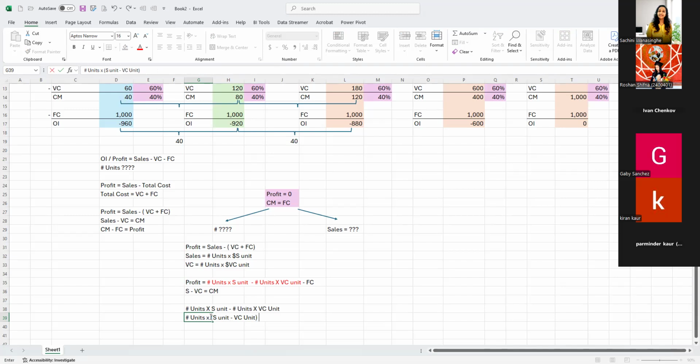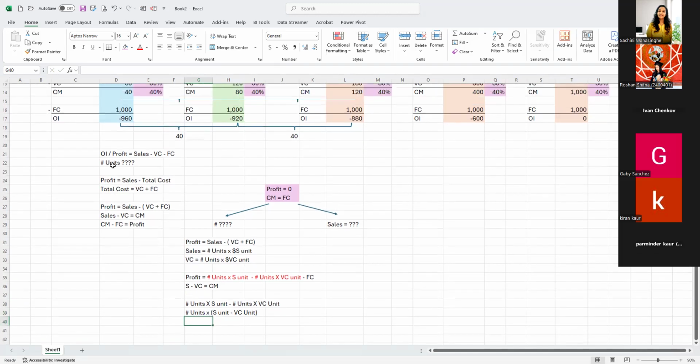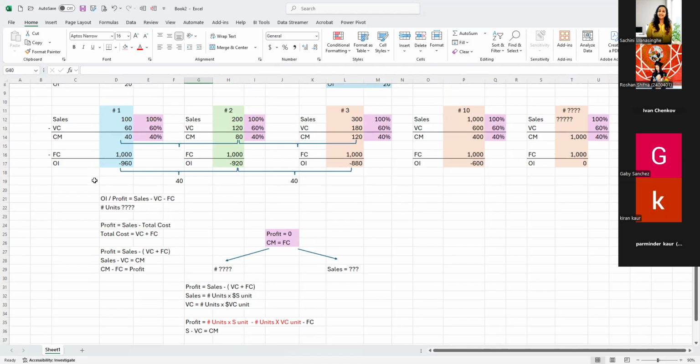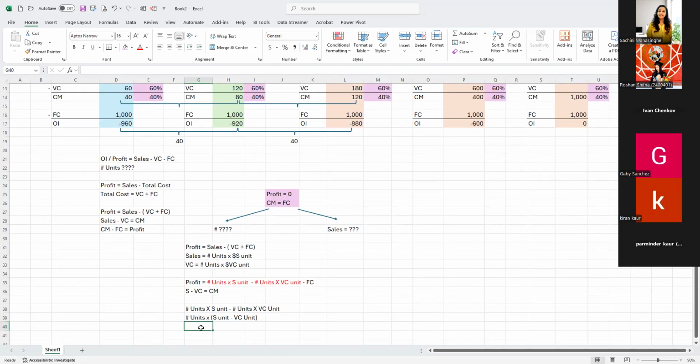Correct? But we already know that sales price per unit minus variable cost per unit is going to give me contribution margin per unit, correct? So what I have to find out is number of units times contribution margin per unit. And that's going to give me the total contribution margin, the one that I want.